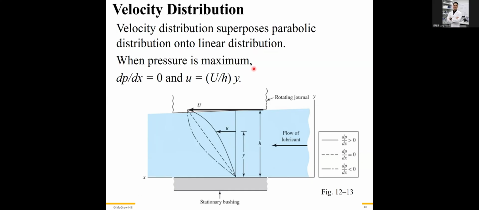When the pressure is maximum, that means dp/dx equals 0, and u equals capital U divided by h times y. So when this pressure gradient dp/dx equals 0, the velocity distribution is linear. Okay, it's linear.